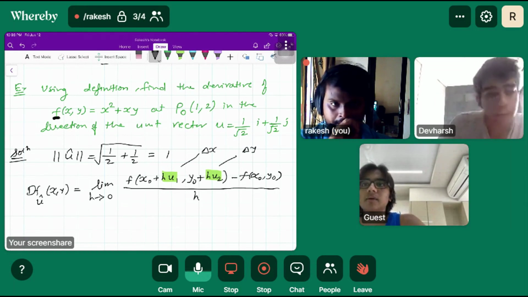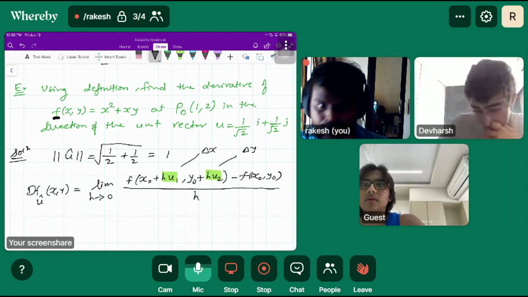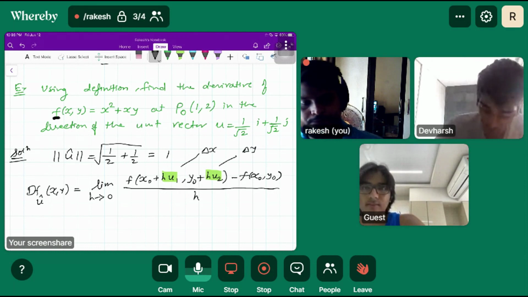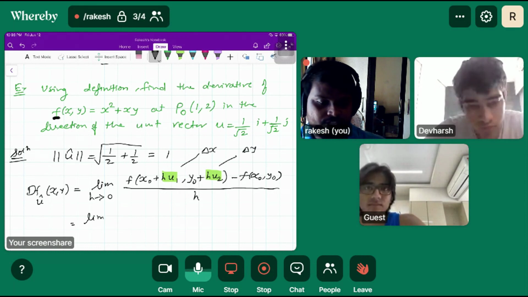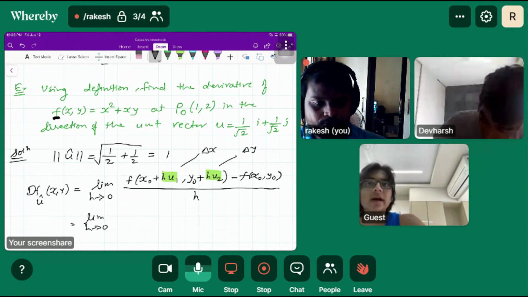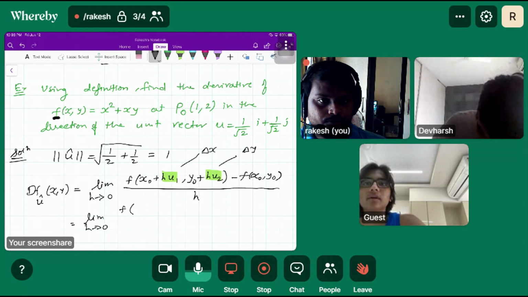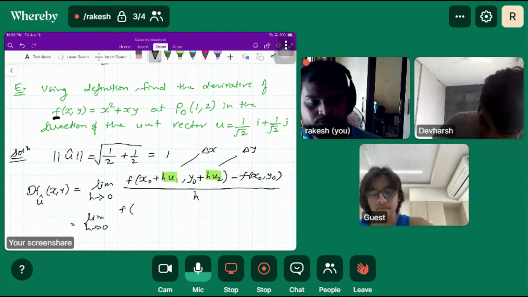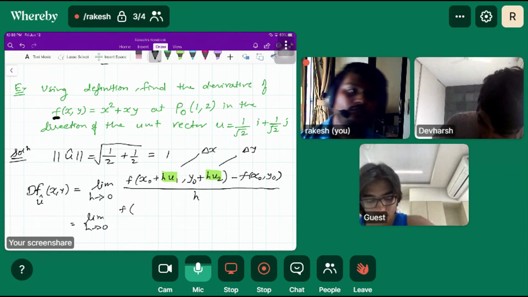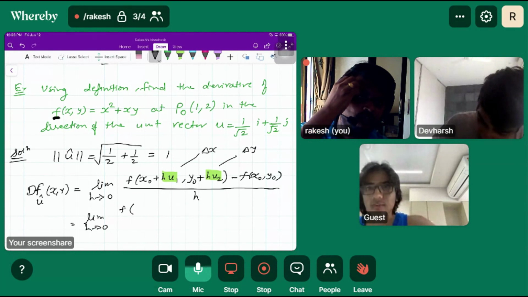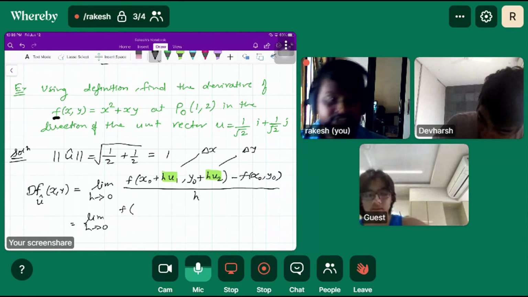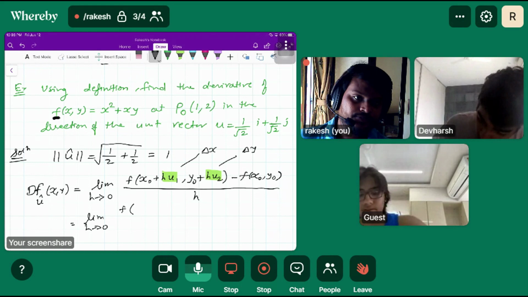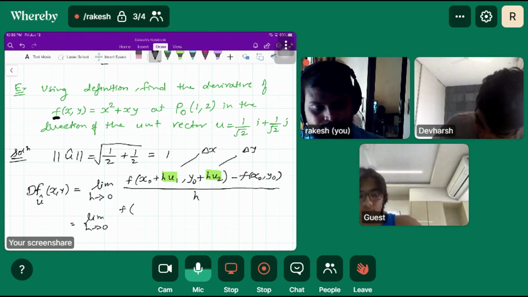Now substitute the value. So limit h tends to 0. Sir, what is that notation? D_u f, the directional derivative of the function at x comma y in the direction u bar. This is the long form.